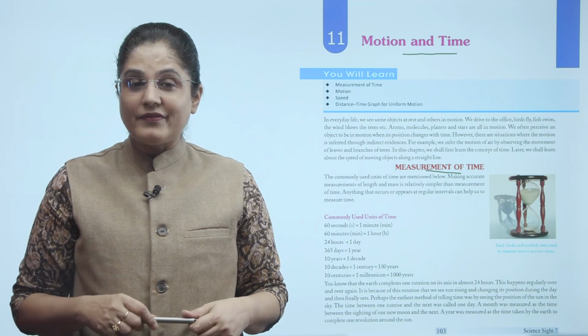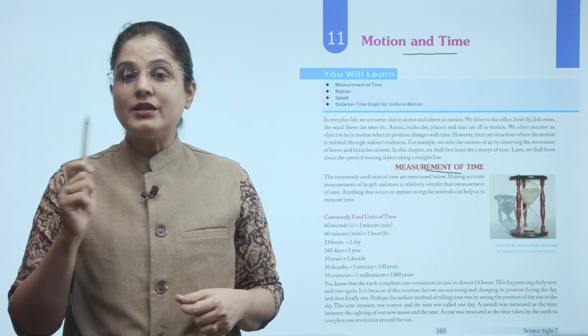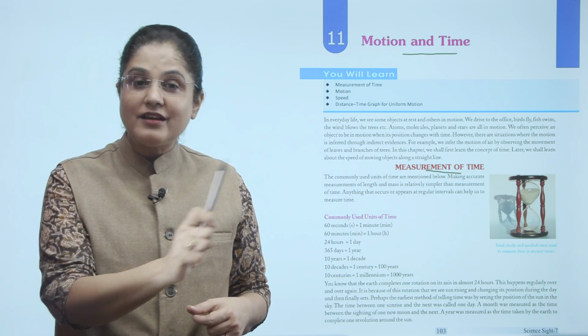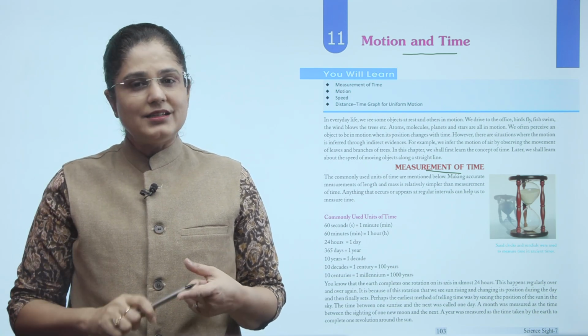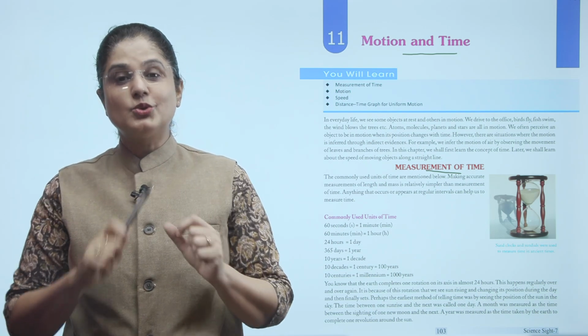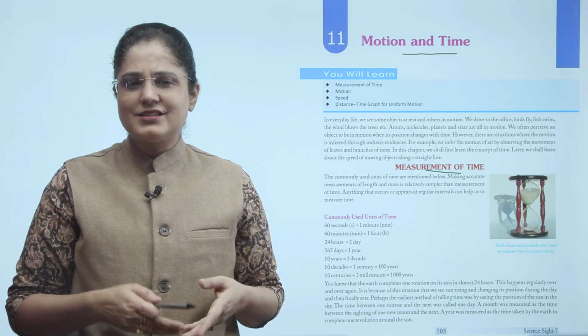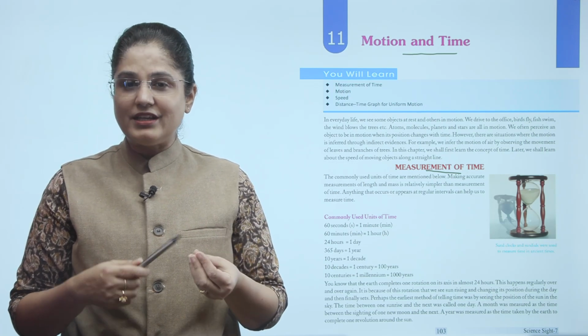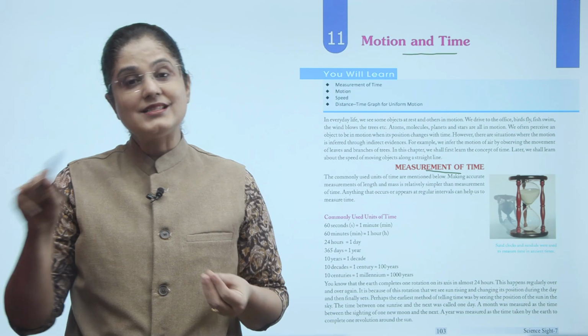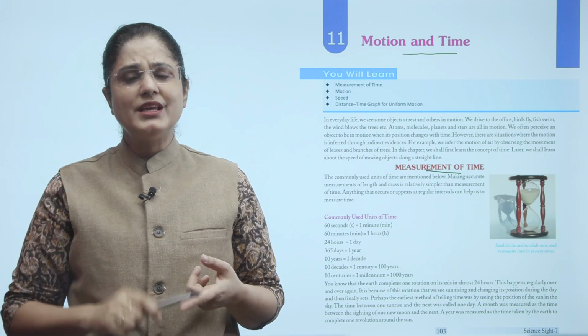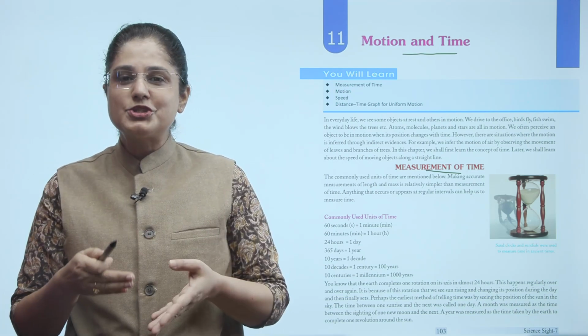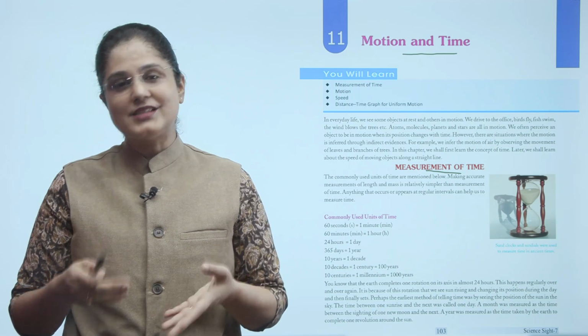Now we know that the earth rotates on its axis and also revolves around the sun. The earth takes almost 24 hours to rotate on its axis, and it takes 365 days to revolve around the sun. Now how do these rotations and revolutions affect us or time?